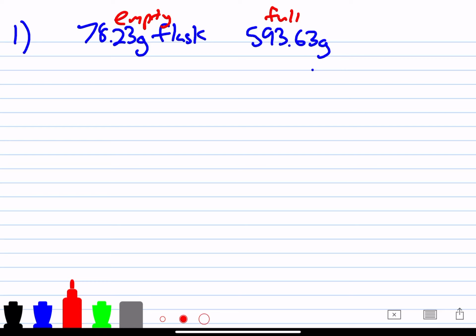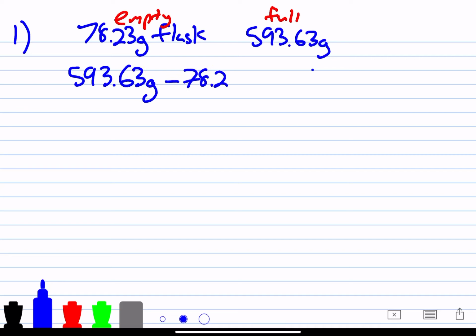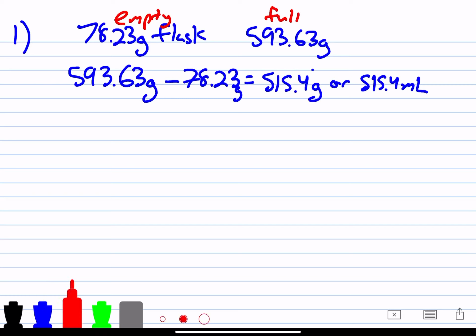So 593.63 grams minus 78.23 is equal to 515.4 grams, or 515.4 milliliters. So that is the volume of the flask.